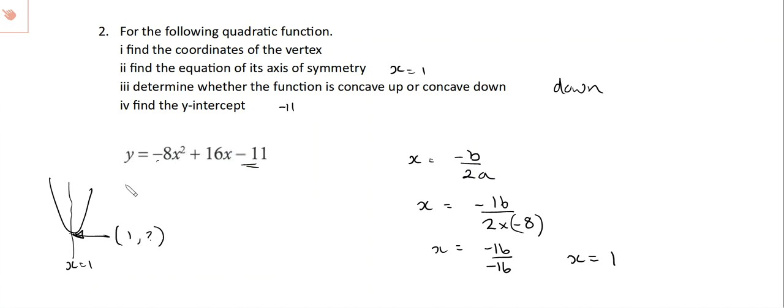So I just put 1 in. y equals -8 times 1 squared plus 16 times 1 minus 11. So that's -8 plus 16 minus 11. -8 plus 16 gets you up to 8, positive 8. Positive 8 minus 11 is -3. Hmm, that's not right. Let me redo this: 8 minus 1 is 7. So the coordinates are at 1, 7.